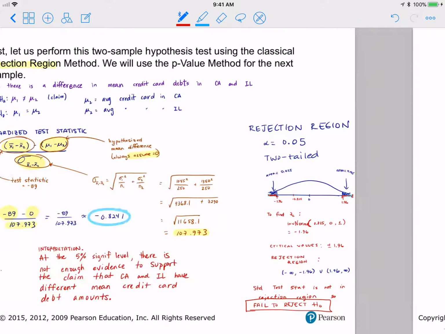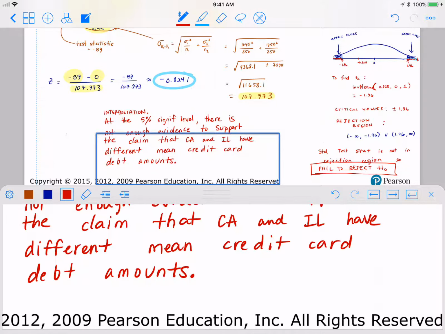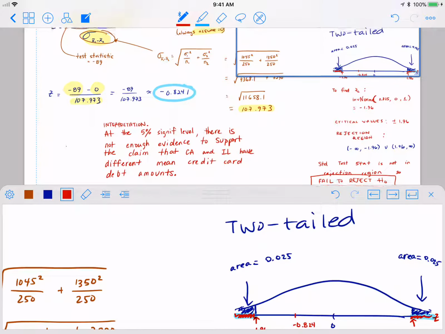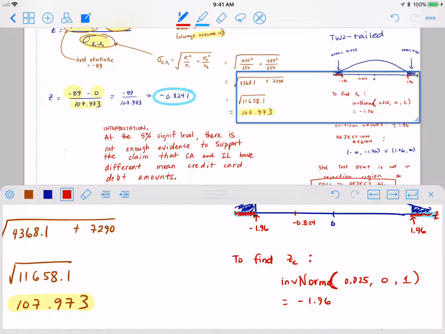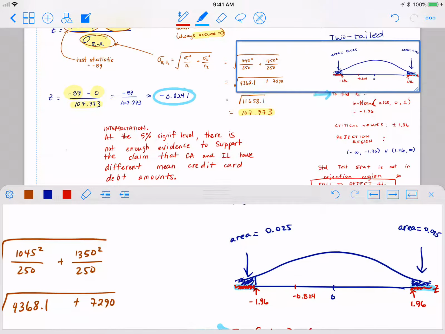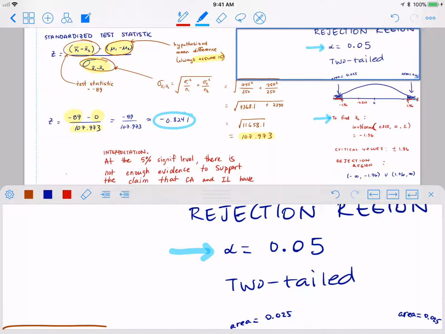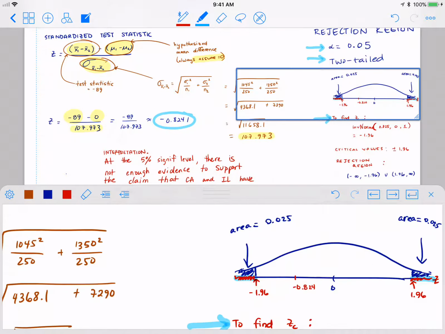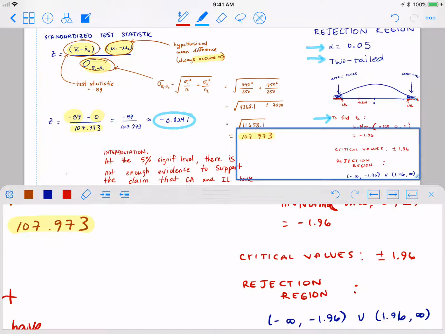And so you can see here when we have our rejection region, using the method of rejection region, the first step is to find your critical points, right? In order to do that, you have to know alpha and you have to know that your test is two-tailed. Once you find your critical points, since you know your test is two-tailed, you can determine your rejection region.